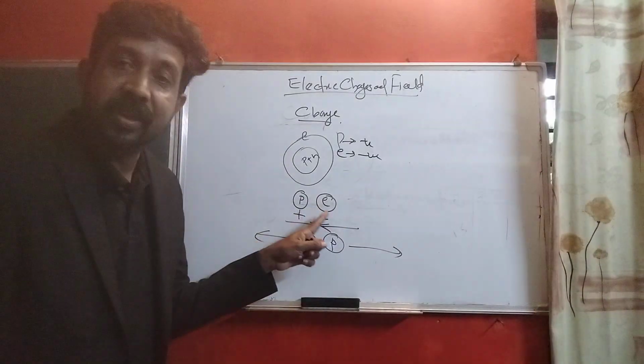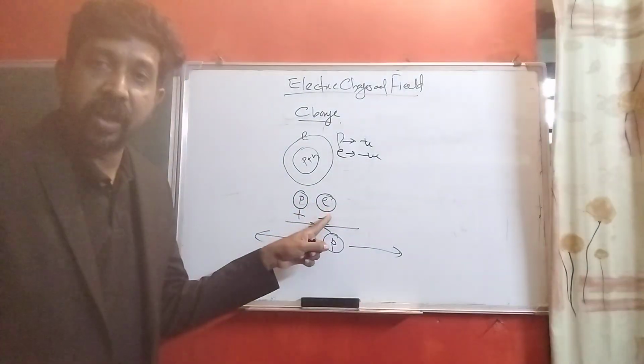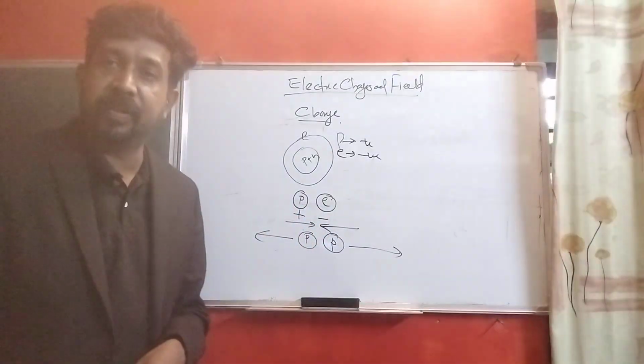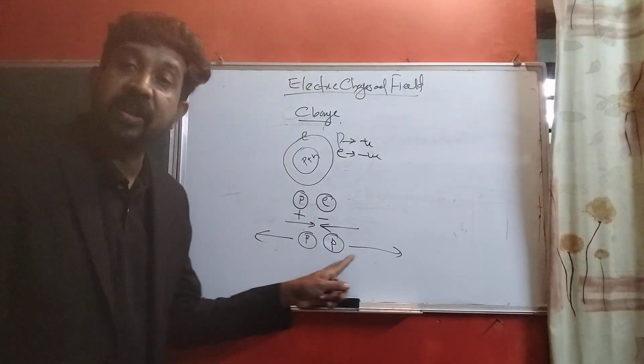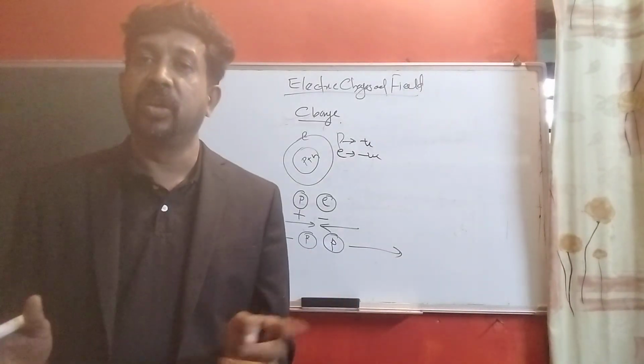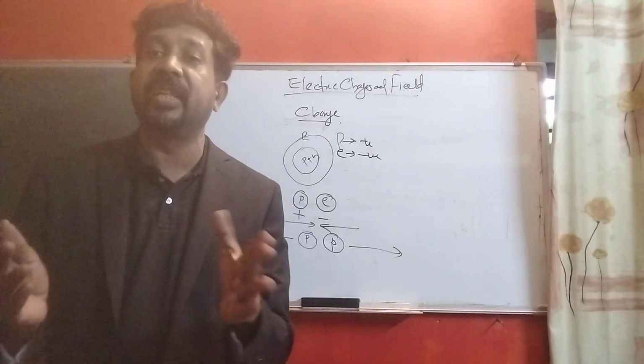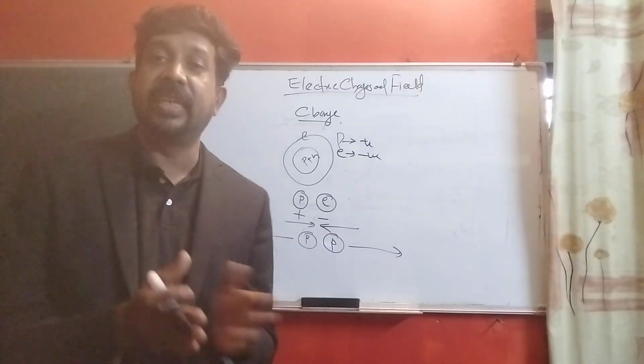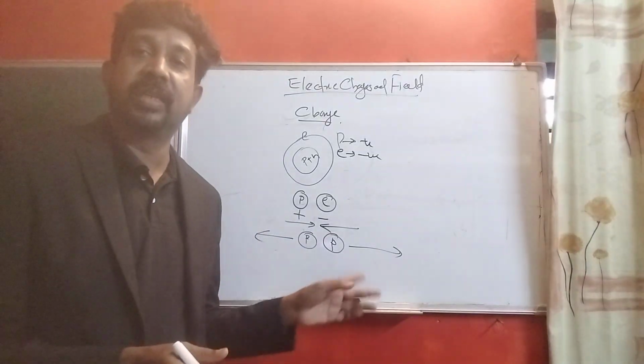Therefore, this attractive case is okay, but this repulsive force cannot be gravitational force. Therefore, the physicists understood that this is another type of force.